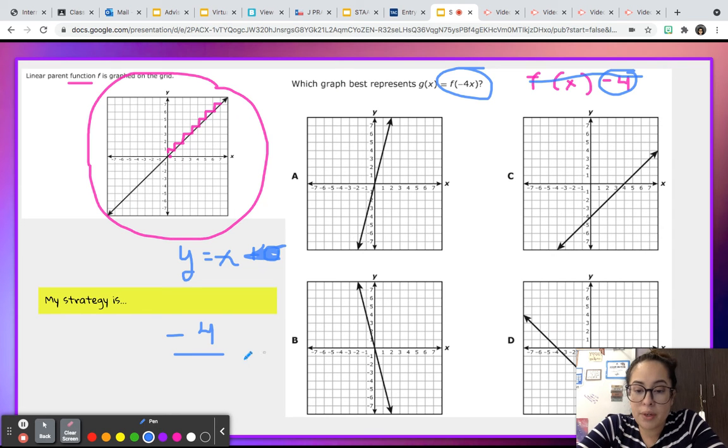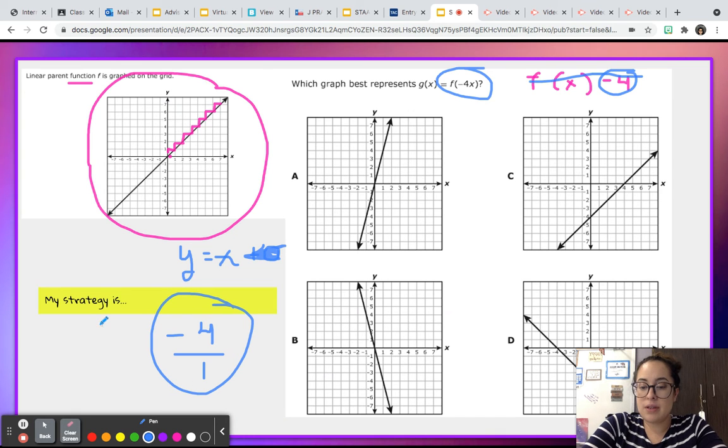I can place a 1 underneath it, and it'll still keep the value of that number. Why? Because anything divided by 1 is itself. In other words, I can write this as this ratio, and it will keep the same value no matter what. So my slope is rise over run.